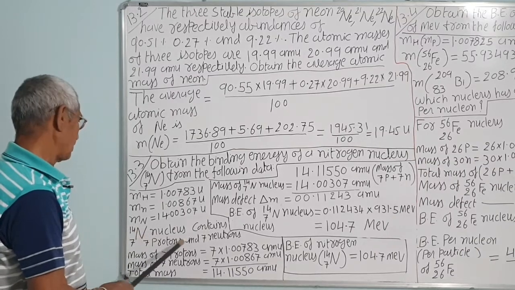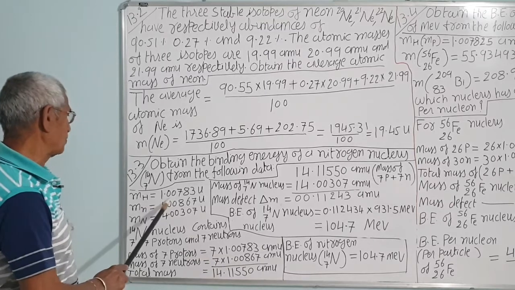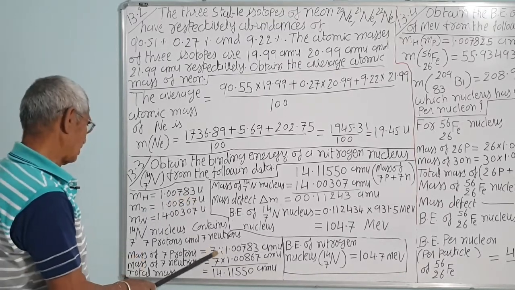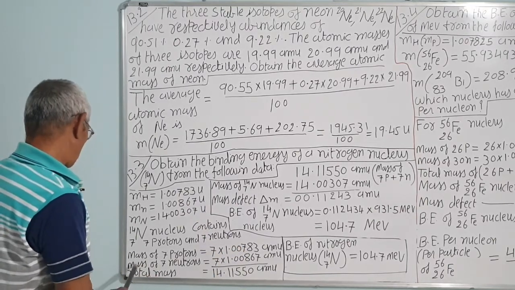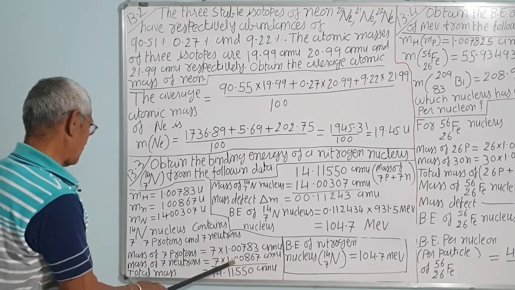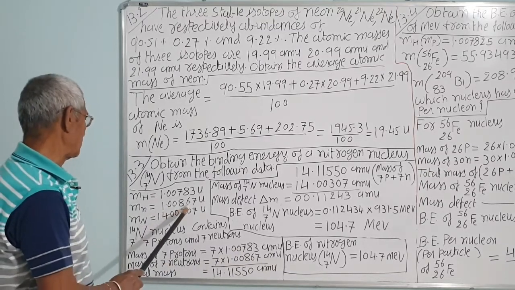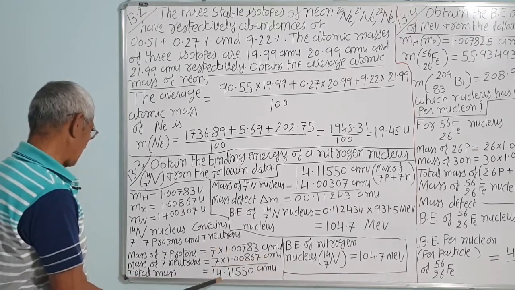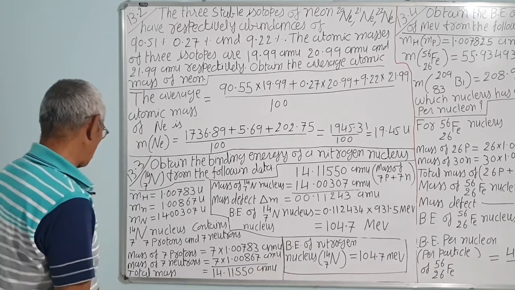The mass of 7 protons will be 7 times the mass of a proton, 1.00783, multiplied by it, that is correct. And the mass of 7 neutrons is 7 times the mass of the neutron, 1.00867, multiplied by 7, that is this one. The total is 14.11550 atomic mass unit.